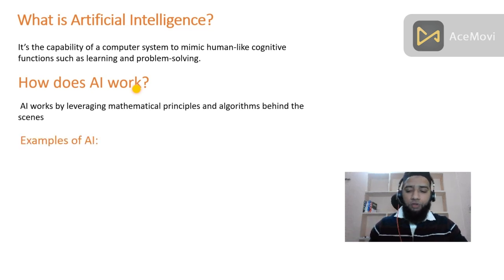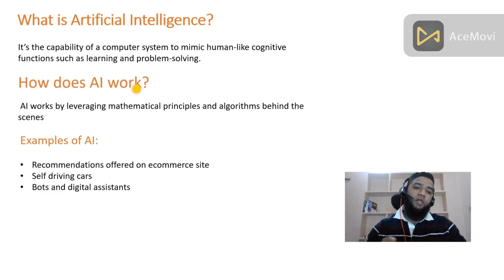So what are the examples of AI? One popular use case of AI, and I'm sure we all might have come across, is the recommendations that are offered on e-commerce sites. You might have noticed that when you are interested in a certain product and you do a couple of searches on Google or another search engine, and then you go to Amazon and try to look for it, that particular product is displayed.